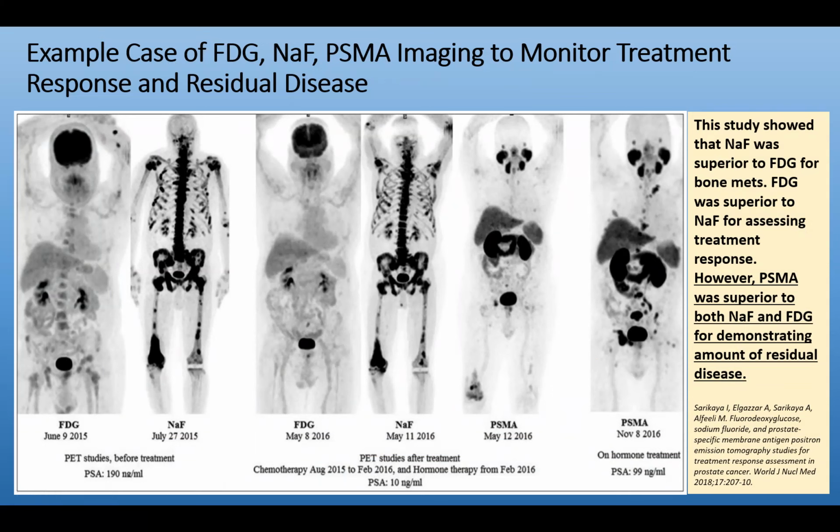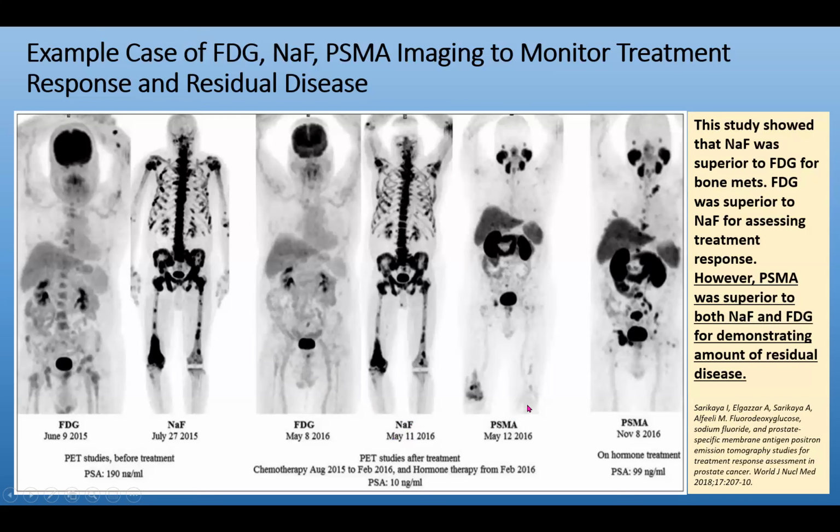The second case here, second and third case, I believe are the same patient. So again, FDG done here. A couple days later, the sodium fluoride PET scan was done, and then the PSMA study was also done.